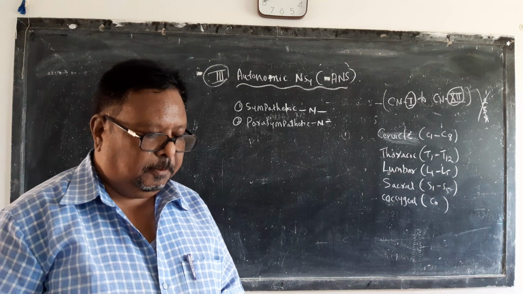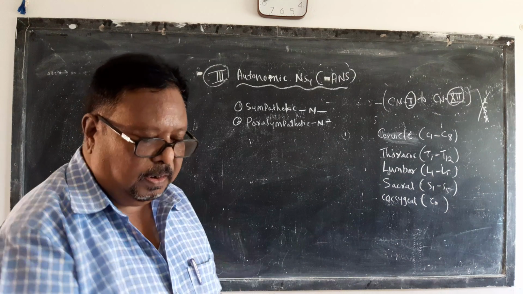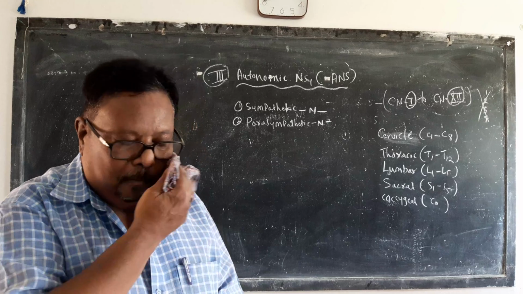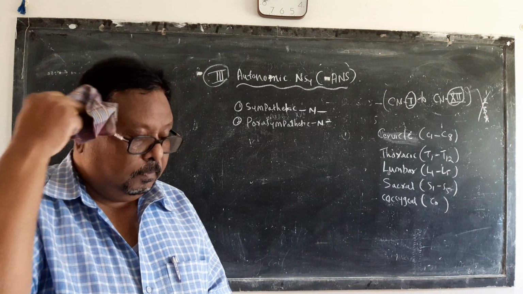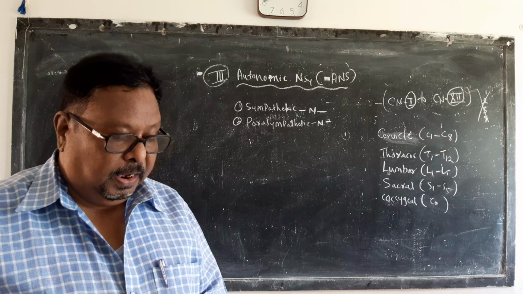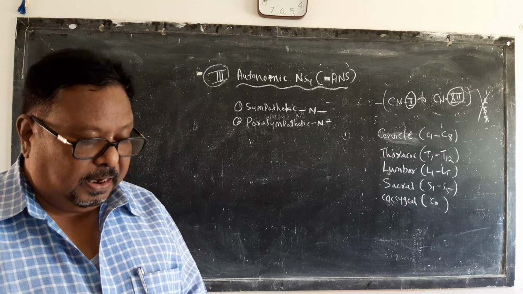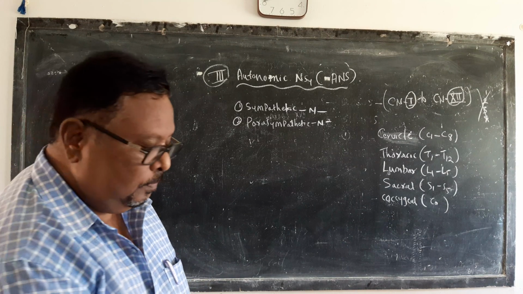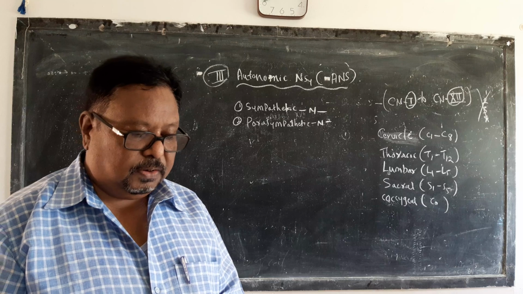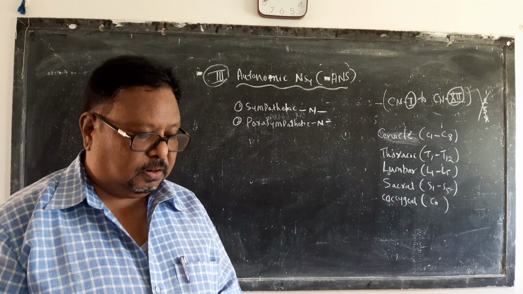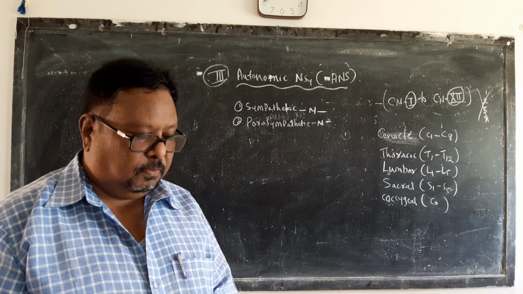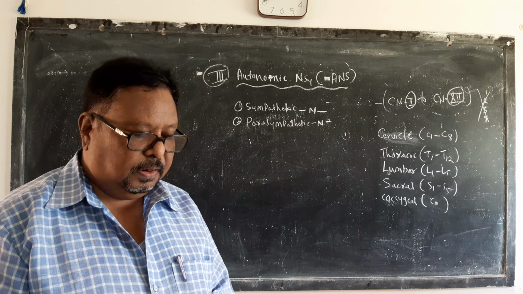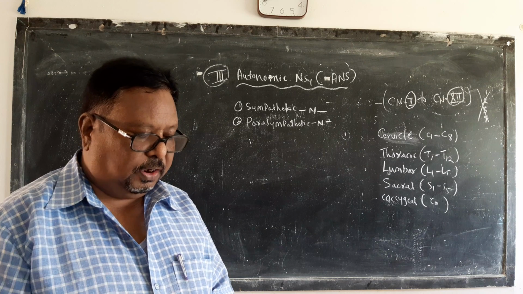The sympathetic pathway is composed of two fibers, one preganglionic and the second one postganglionic.